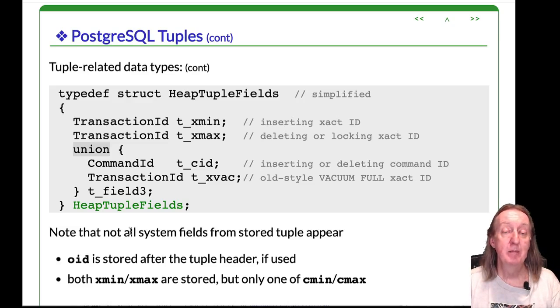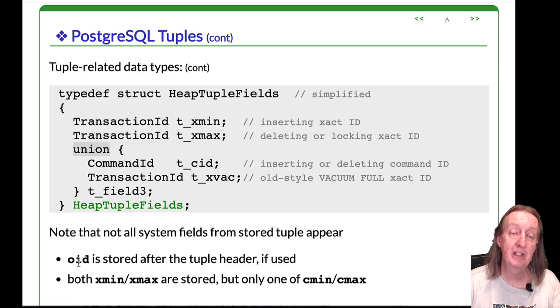All right. So OIDs don't have to be in the tuple. If they are in the tuple, they're stored directly after the tuple header. Both xmin and xmax are stored. Of course, if the tuple hasn't been deleted, then this will have a null value, or a value that doesn't represent any transaction. A value like 0 might be appropriate. And then you might say, why do we need both of these?